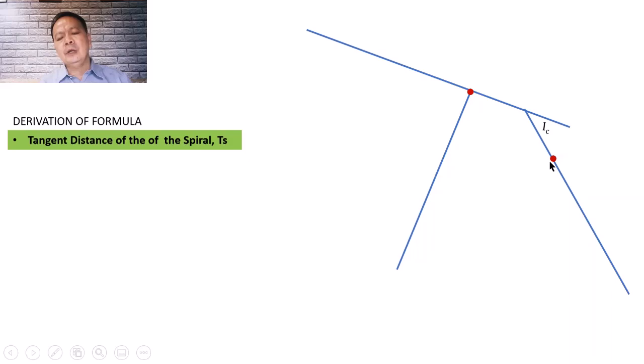So somewhere here will be our PT, and when we draw a line perpendicular to this forward tangent, we shall be having this as our radius, and so this becomes our center of the simple curvature. Then after that, we can now draw a smooth curve that will be tangent to these two tangents, and that curve will be our simple curvature.